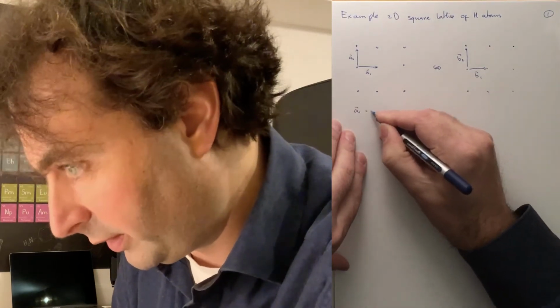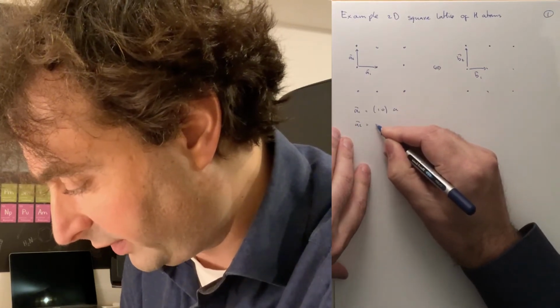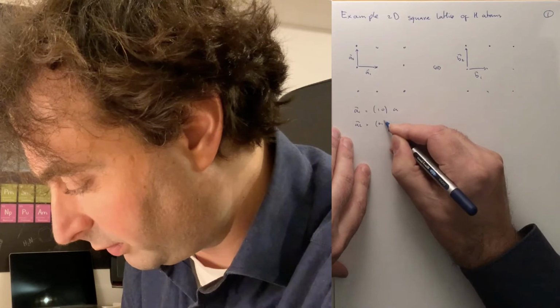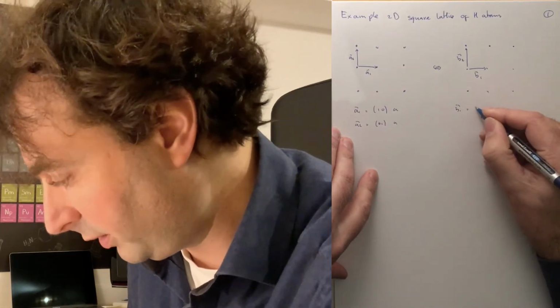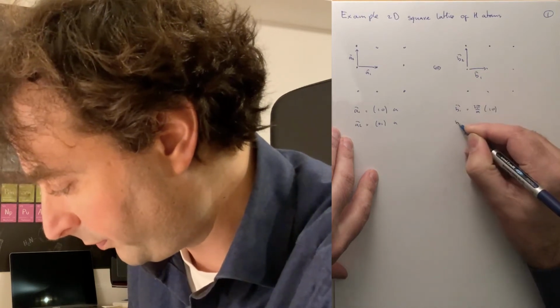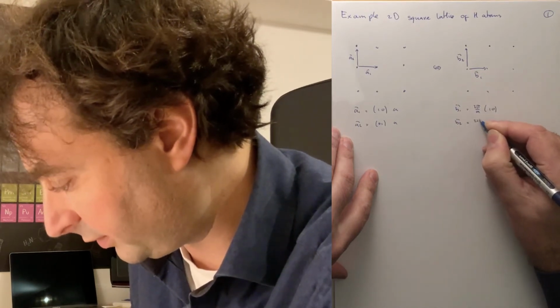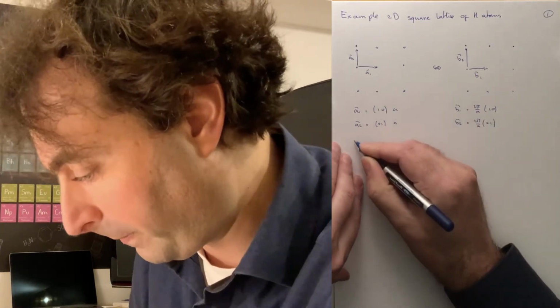So a1 is the vector (1, 0) times a, a2 is the vector (0, 1) times a, and the same b1 is the vector 2π over a times (1, 0). b2 is the vector 2π over a times (0, 1).